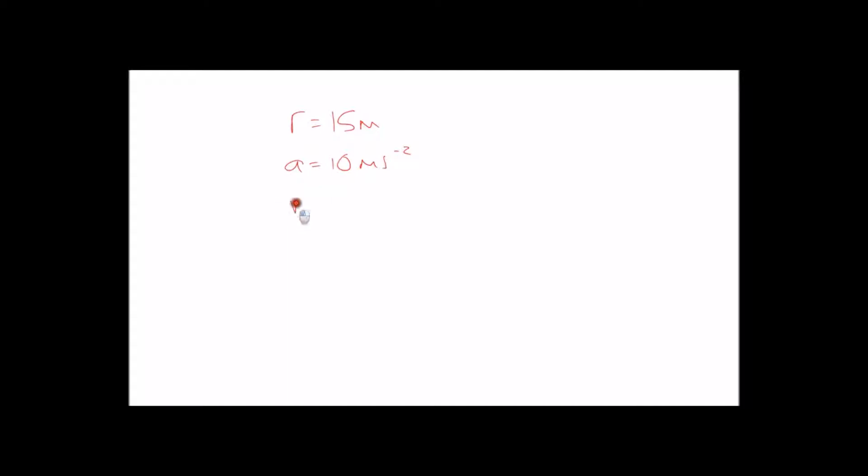Now we're asked for velocity, and there's only one equation in circular motion that links all these things together, and you need to start getting familiar with these. We're trying to find v, so v is going to be the square root of ar, which is the square root of 15 times 10, and that is 12 meters per second.